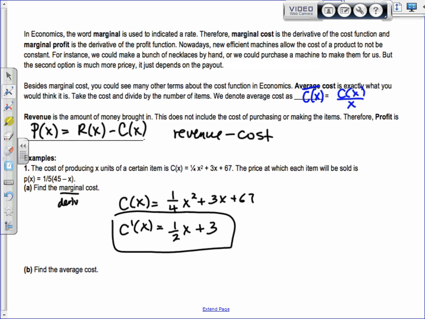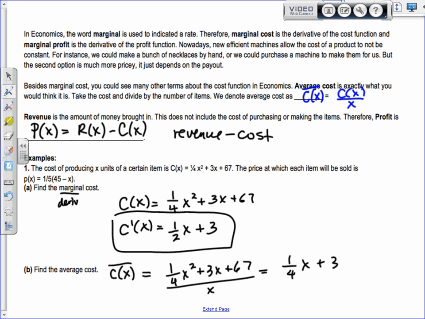Find the average cost, so C bar. C bar is taking your original cost function and dividing by X. So you get 1/4 X plus 3. Oh yeah, that's right, plus 67 over X. Forgot it.